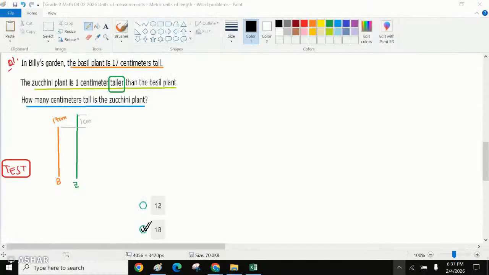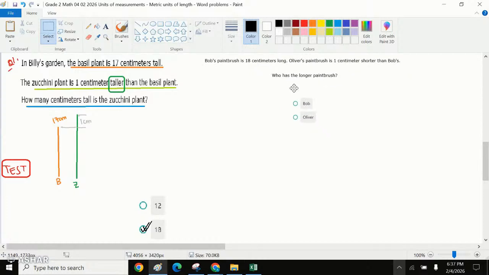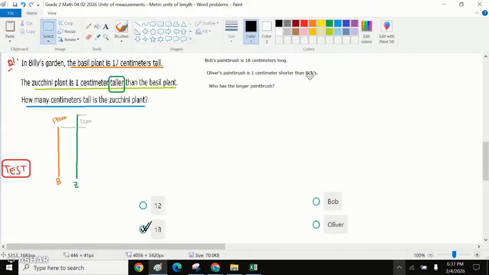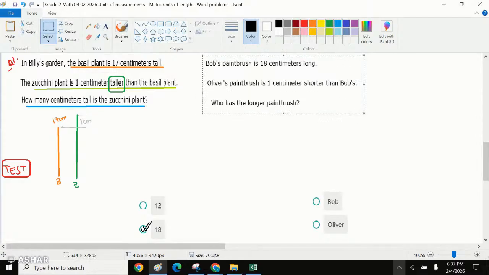Okay. They're talking about paintbrushes. They have two paintbrushes and they want us to compare the lengths. I'll realign this so that it's more readable. So this is our question number 2.